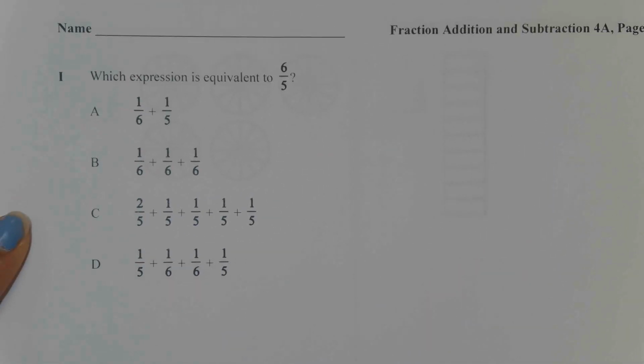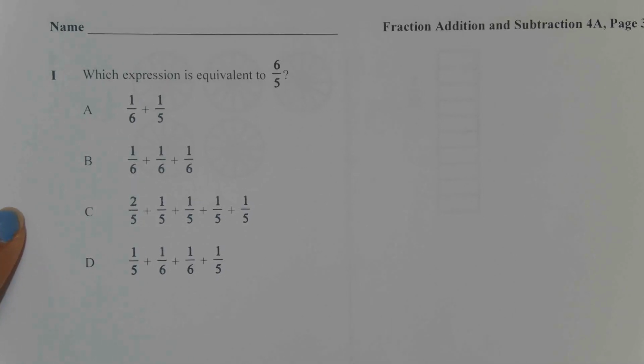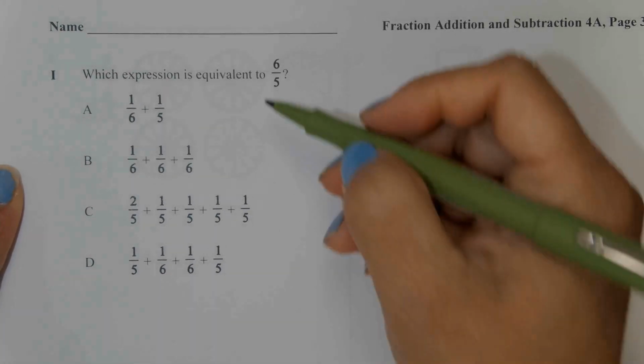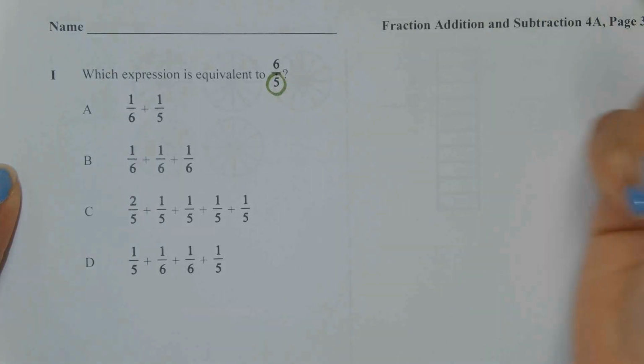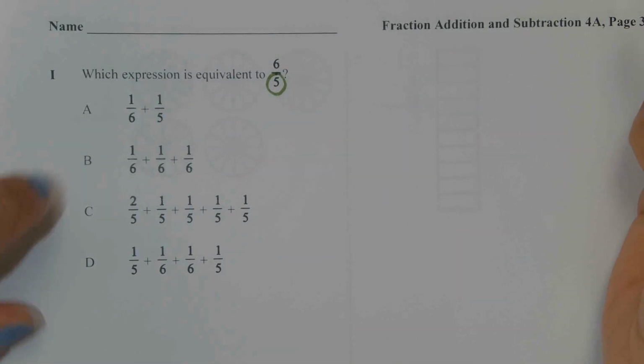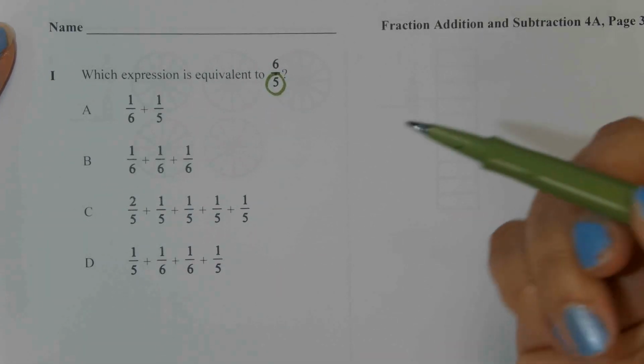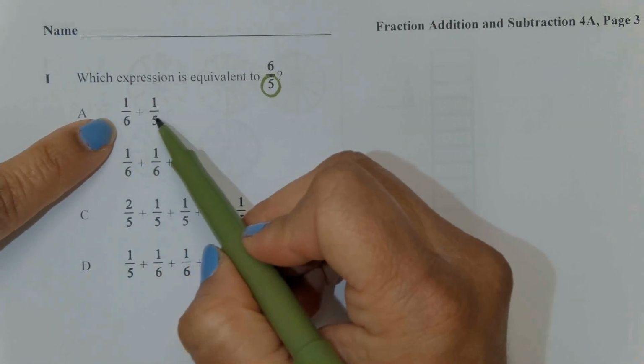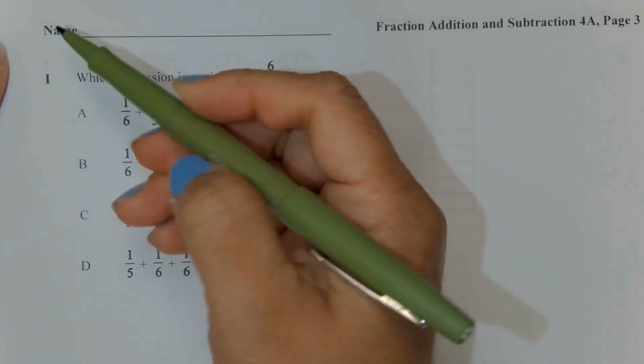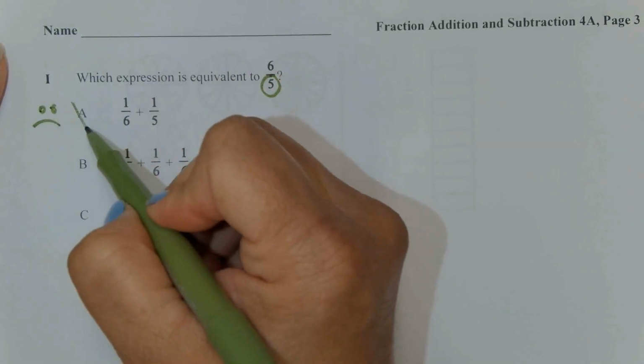That was letter H. Letter I, which expression is equivalent to 6 over 5? So the first thing we need to do is look at our denominator. Our denominator is 5. So let's see which ones we can eliminate. So this one is a 6 and this one is a 5. These are different denominators, so we know that one's out.